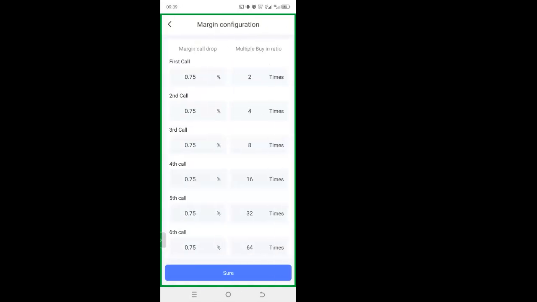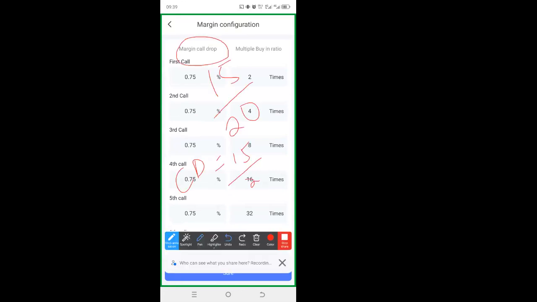Margin configuration. Now, how many times? You're saying, what is your capital? Your capital is 1,000. So when you have the 1,000, what do you do?